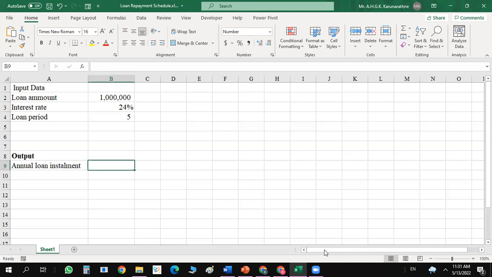You all are accounting and finance people, you must know. Hansika, any idea how you compute the loan installment? Hansika or Nusrat?